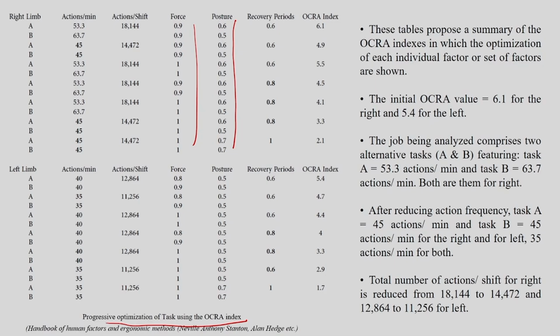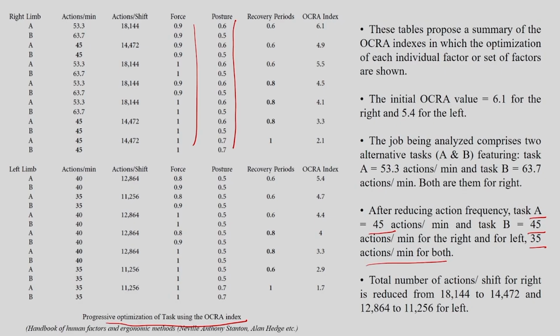Both of them were for the right hand, and after reducing the action frequency, A is reduced to 45 and B is 45. So, in both cases it became 45 actions per minute for the right, and for the left 35 actions per minute for both A and B.